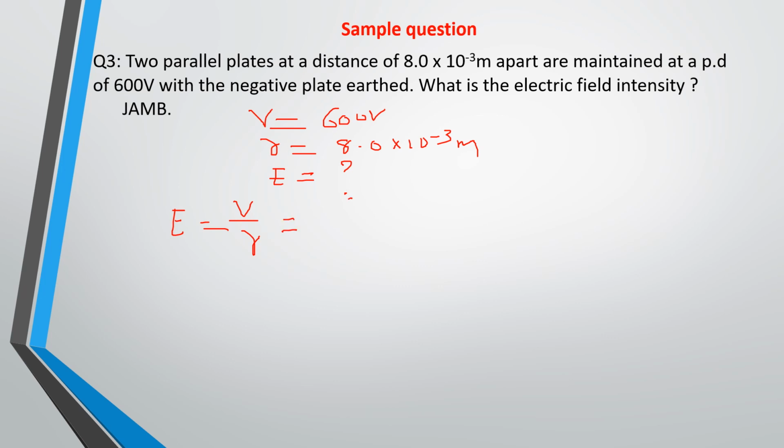So you have 600 divided by 8.0 times 10 raised to power minus 3.